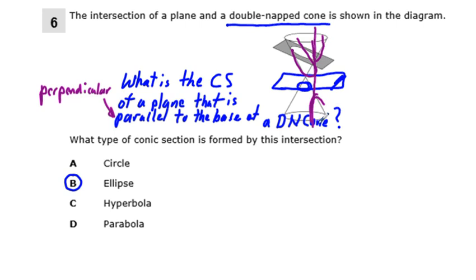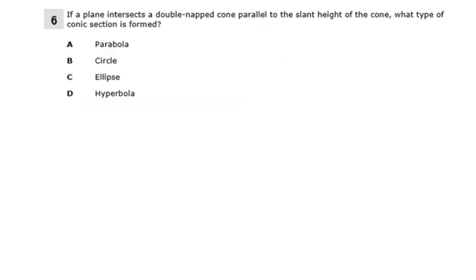So it can be perpendicular, you'll have a hyperbola. Parallel to the base, you have a circle. In this drawing, you have an ellipse. But parallel to the slant height is how you get a parabola. So that would be our correct answer for 6.